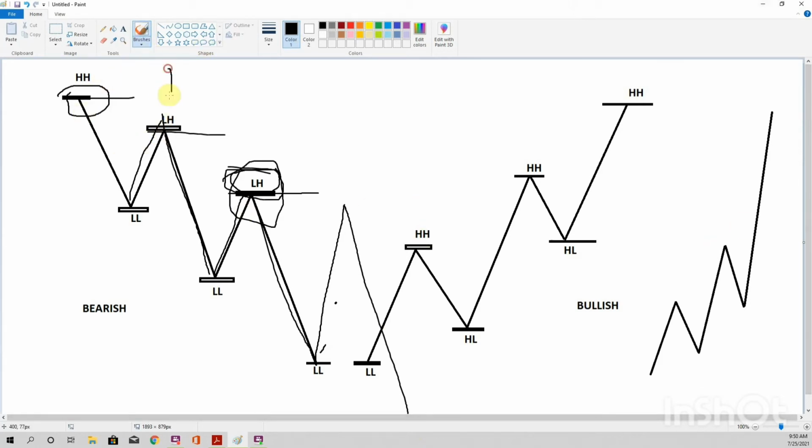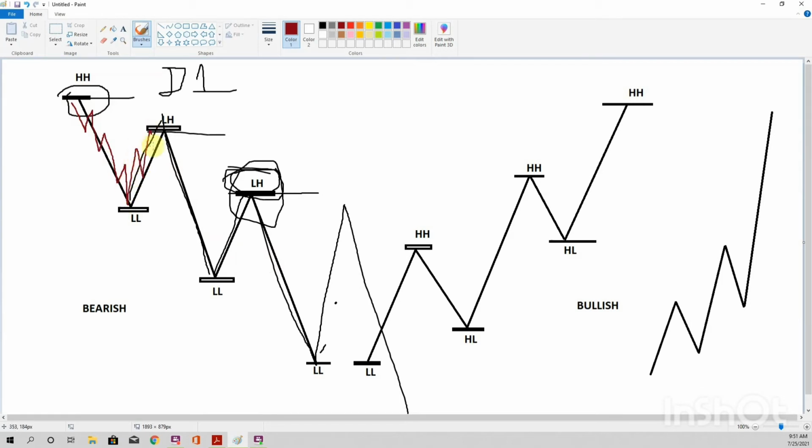So let's say this is the daily. On this bearish tone, on the 4 hour, this is what you have.